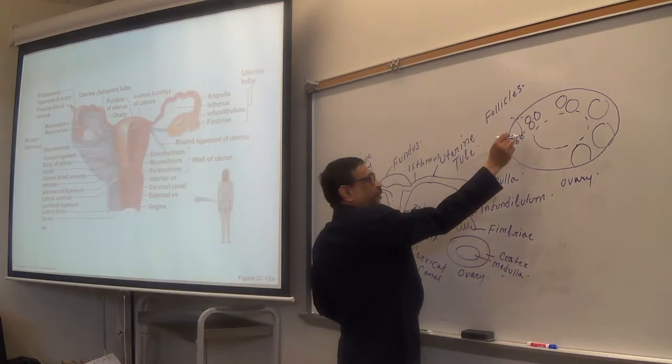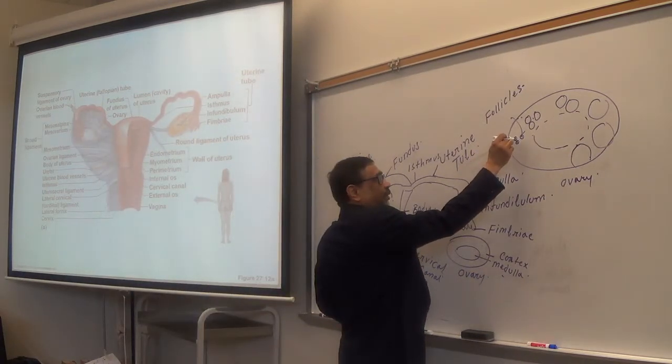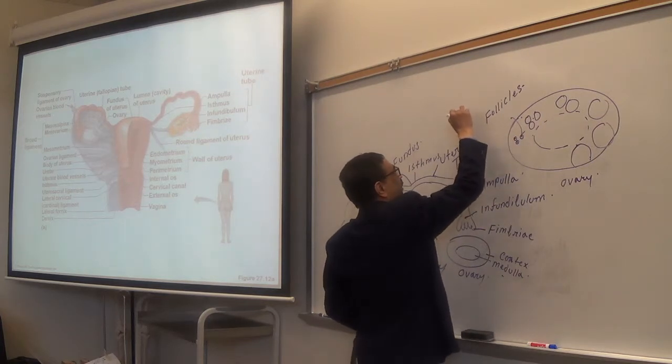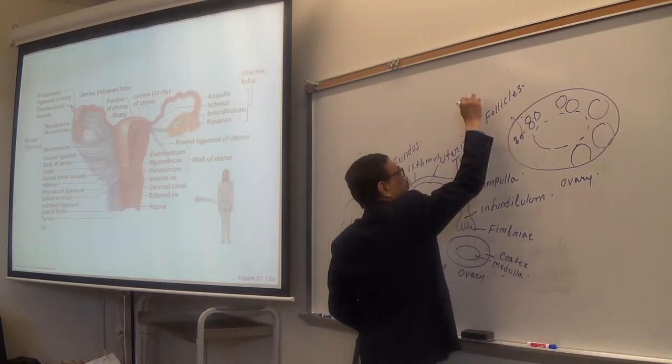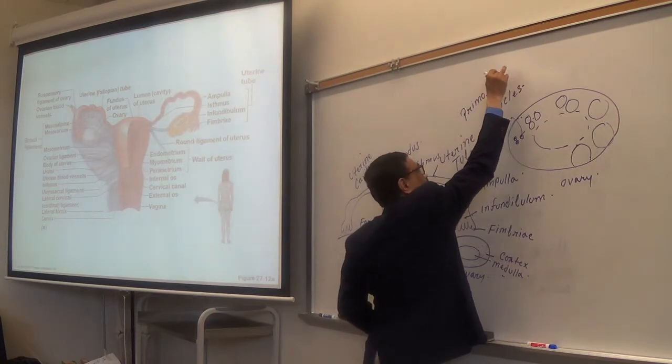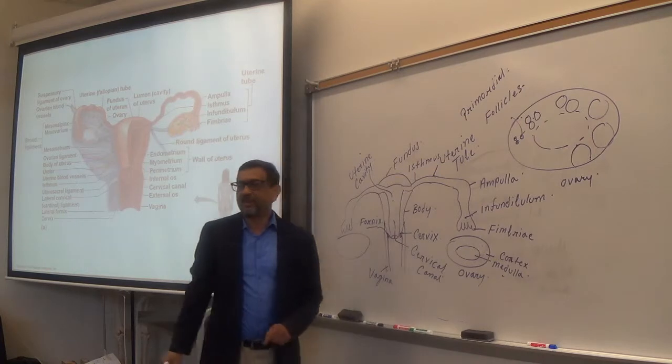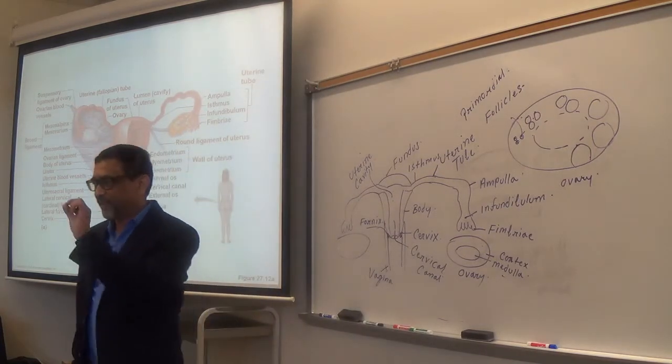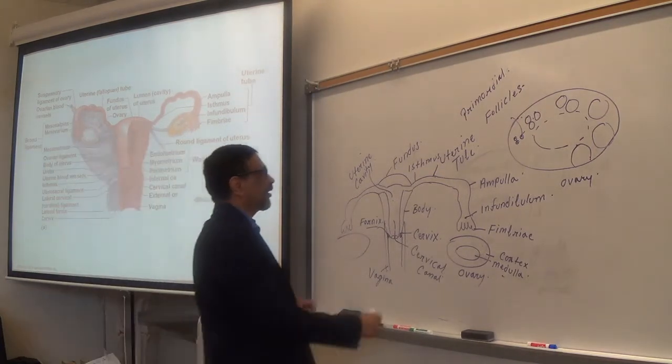These earliest follicles are called primordial follicles. These are the earliest, smallest, and these are basically stem cells.